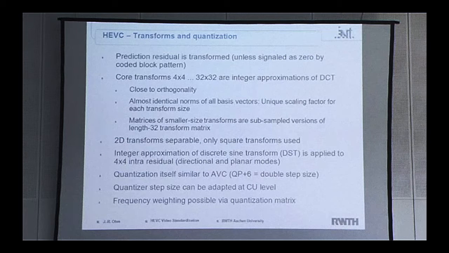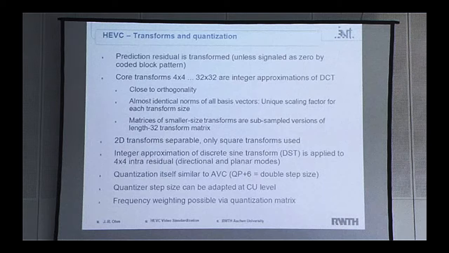Transforms. The old standards, until or before HEVC, usually had an 8x8 transform, usually a DCT. Usually the DCT was not specified to full precision, it was usually assuming mathematical precision, which then needed to be implemented with some integer accuracy which could produce drift.